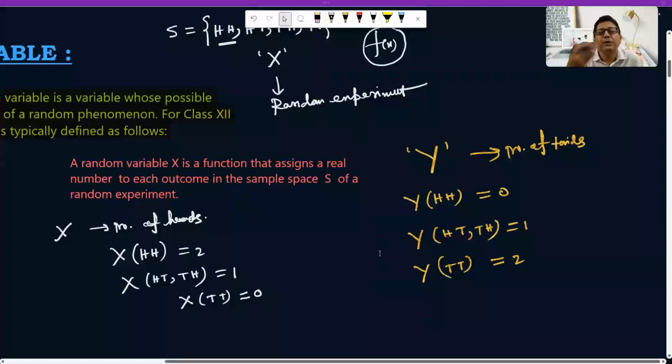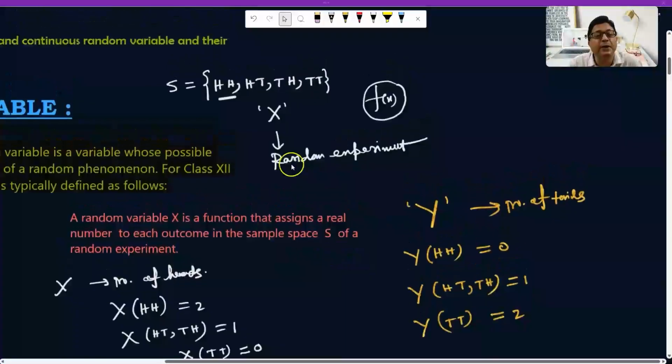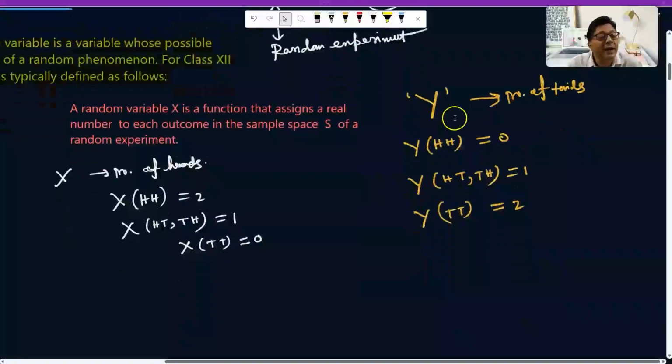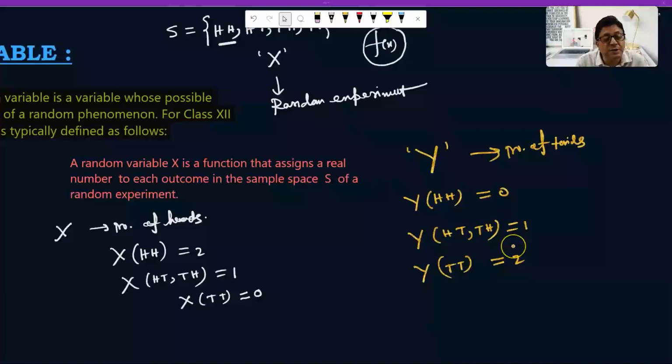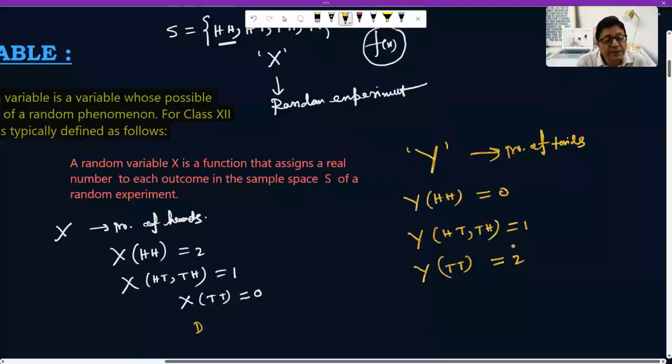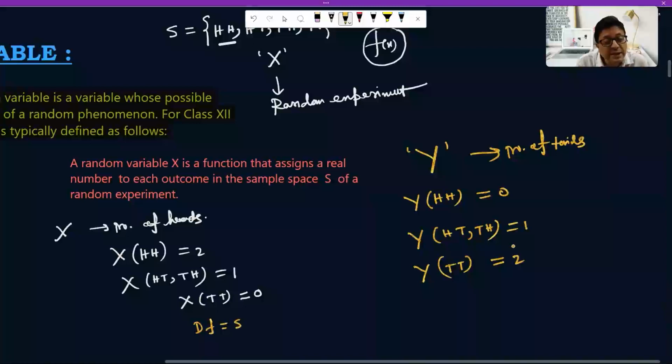So for this random experiment of tossing a coin twice, if I ask you to define the domain and range for this function, here dom f is going to be equal to the whole sample space, and range f is going to be these three values, 2, 1 and 0.